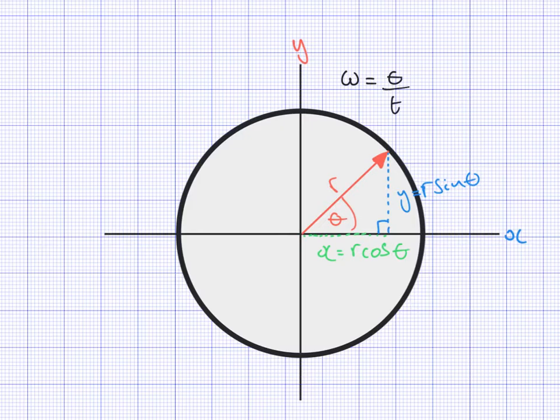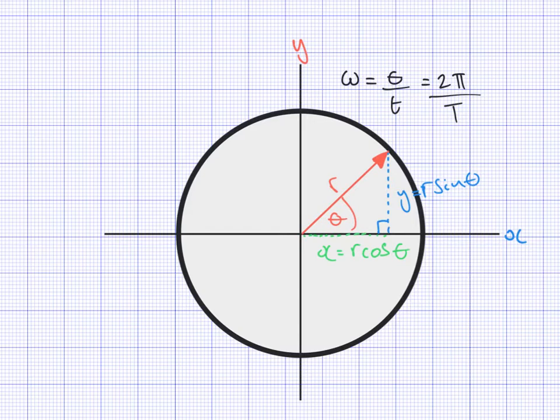Okay, the rate of change of the angle. In other words, if we were to do an entire circle, we would say that's 2 pi, right? 2 pi is an entire circle in terms of the circumference, and that would take a period. So 1 period would be the time it would take to go all the way around one circle, which is 2 pi, and that's the period.